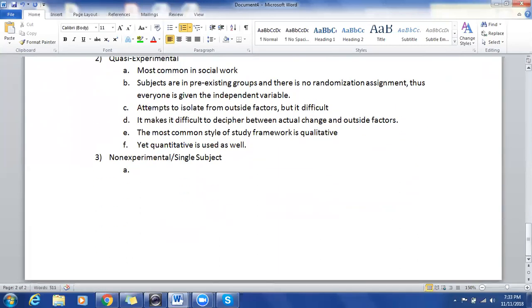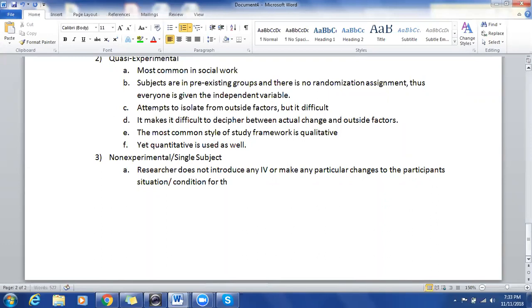So in this particular study, the researcher does not introduce any independent variable or make any particular changes to the participant's situation / condition for the subject.